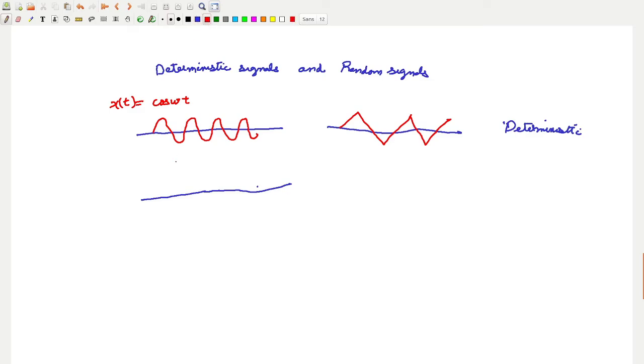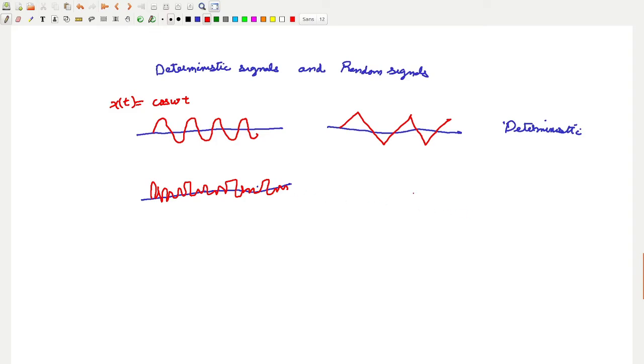It's random in nature. If it's a signal of this sort, this is a random signal. It's actually a combination of many sine waves, maybe.